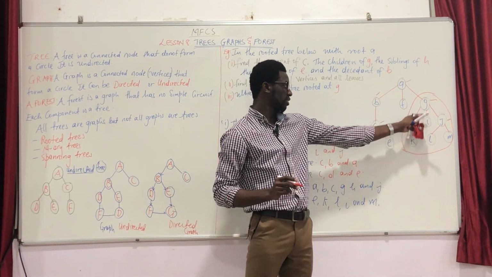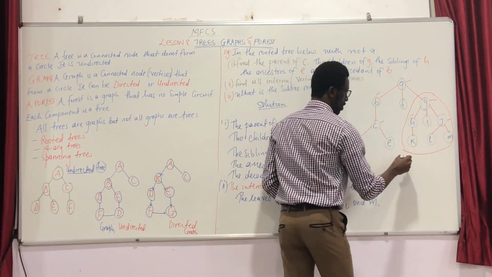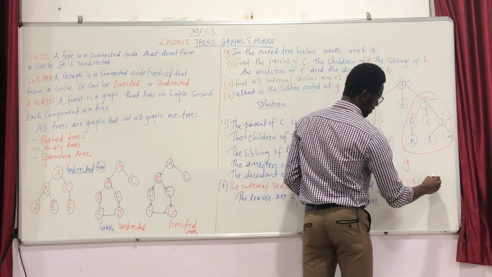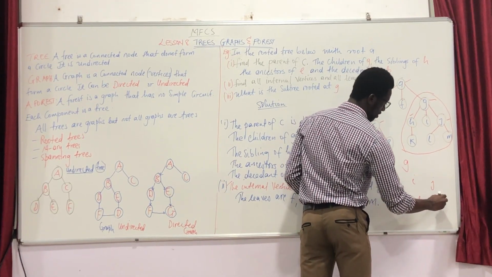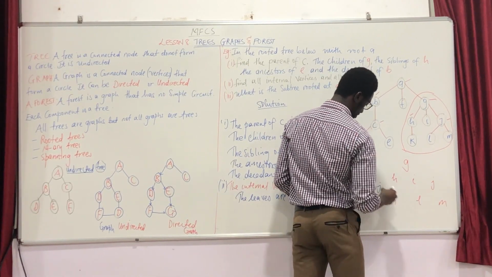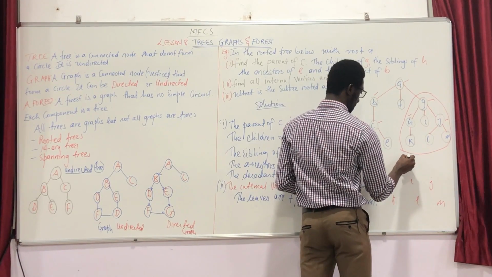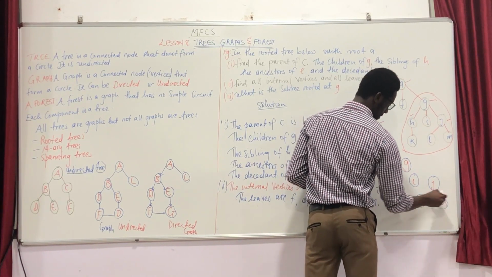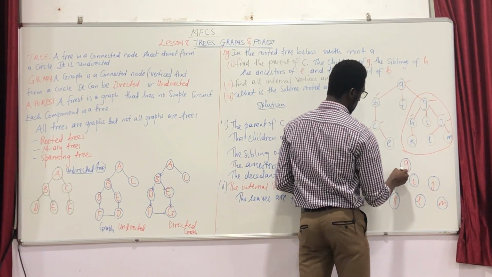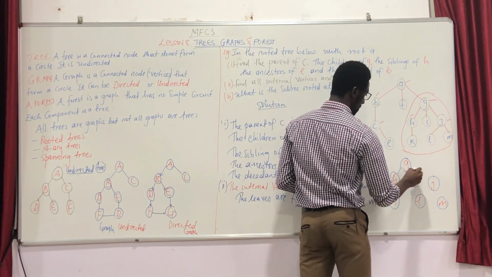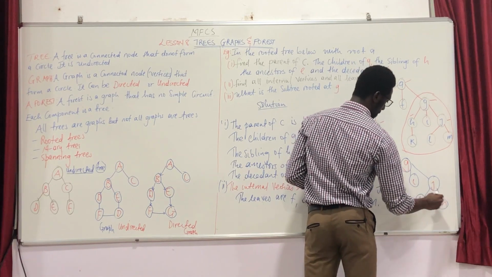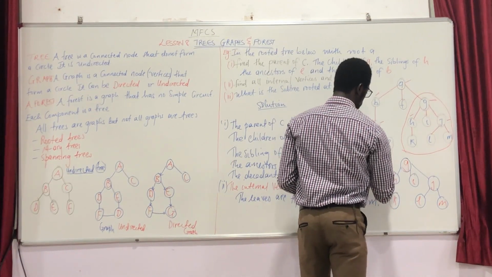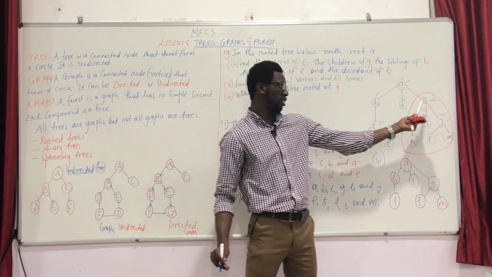So this is the subtree of G. Now we can start from G, say H, I, J, here is L, M, and K. This is the last question. The subtree at G is this diagram.